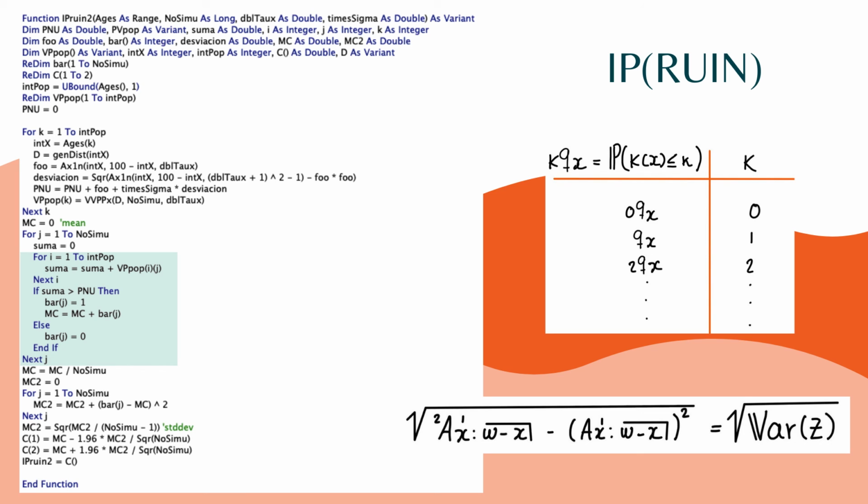Then we apply Monte Carlo, accumulating a 1 if we are ruined, or a 0 in the opposite case. Later, we calculate the variance of the Monte Carlo's average, and we use it to calculate the left edge of the confidence interval with 95% of probability and also the right edge.